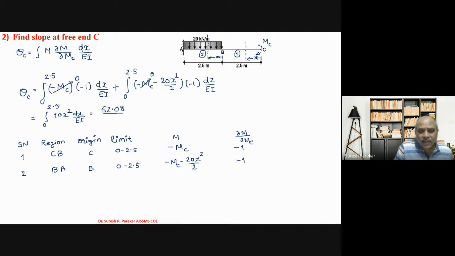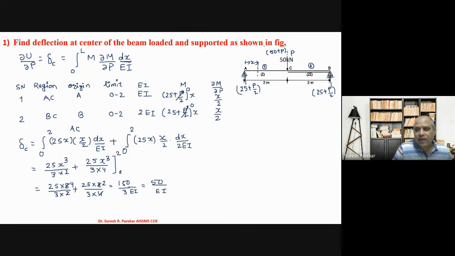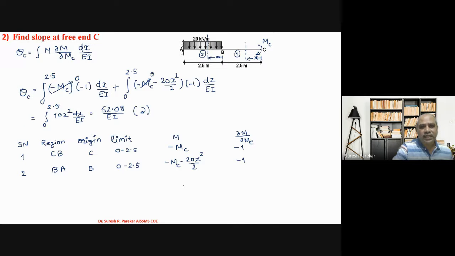And as we got this value positive, it shows our rotation is also positive. Because in the last example, as we applied the dummy load in downward direction, 50 upon EI we got plus, meaning it is in the direction of load. So if the value we get is plus, that is in the direction of load.